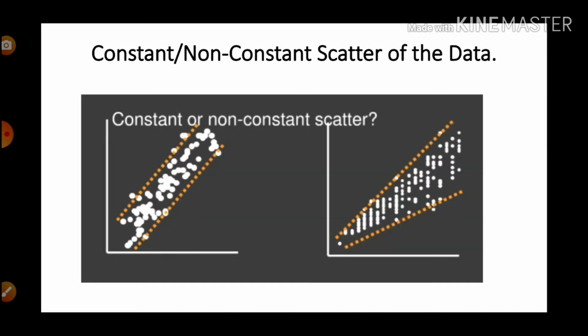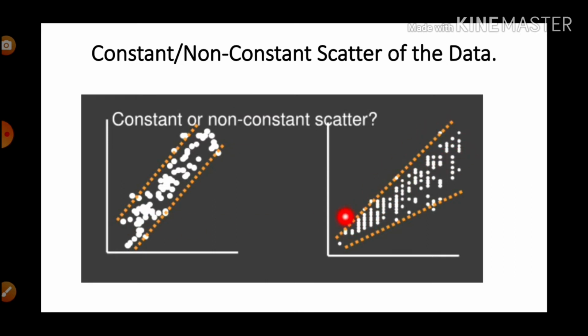Right, another thing that you need to mention is whether the data is constant or non-constant. Have a guess, which one looks constant and which one looks non-constant? Obviously this one is very consistent along the trend line, whereas this one looks like a funnel, right?